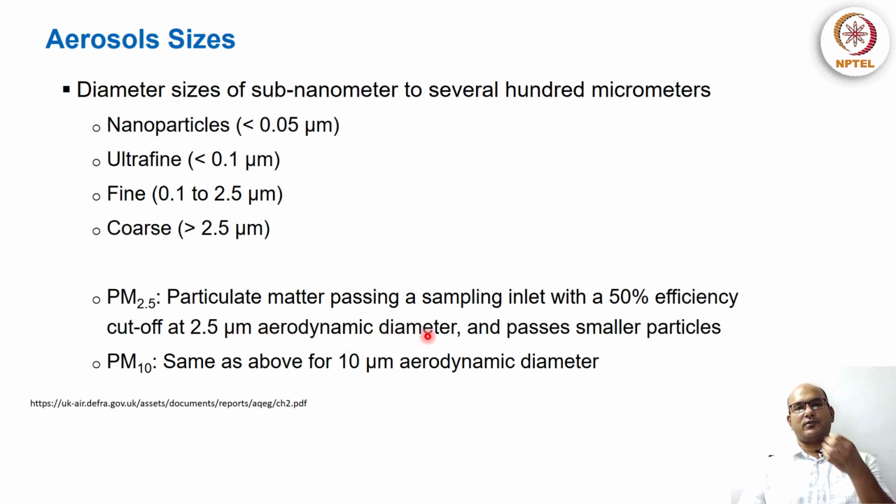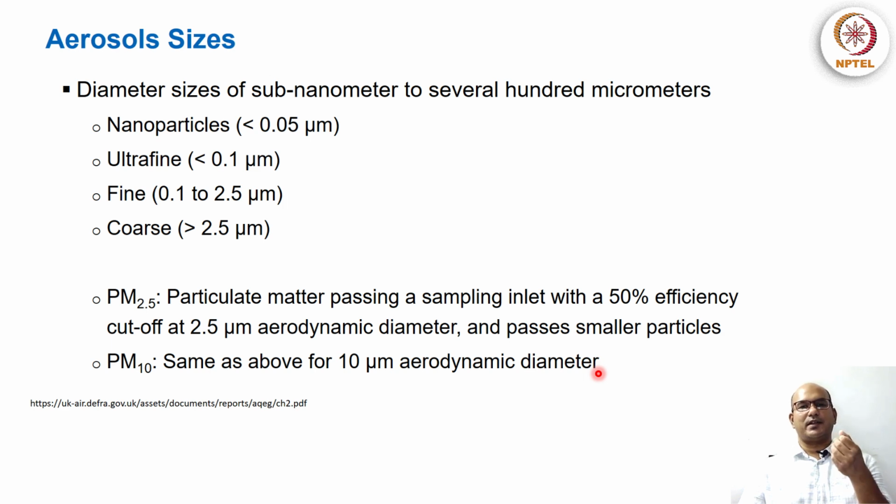That means through that specific inlet, 50% of particles which are 2.5 micrometer will pass, and that inlet is going to pass all the smaller particles. Similarly, PM10 would be for 10 micrometer aerodynamic diameter.